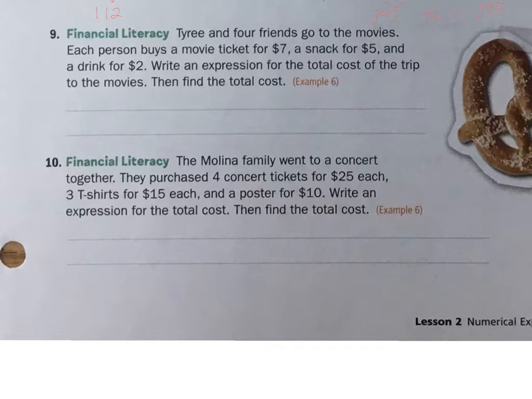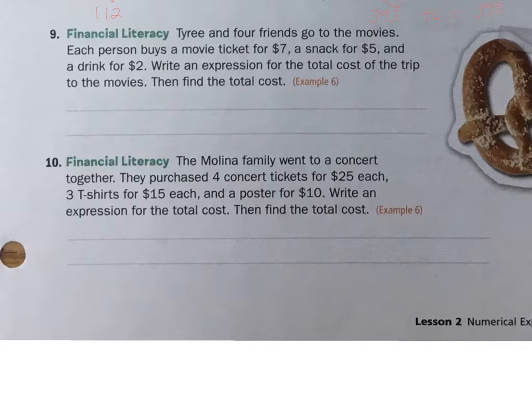So I could do it like this. 4 friends go to a movie. Each person buys a movie ticket for $7, a snack for $5, and a drink for $2.